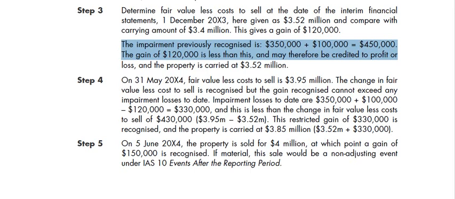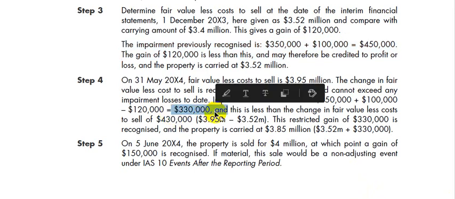We wrote off 120, so the impairment remaining is 330. Clear? Is it clear?